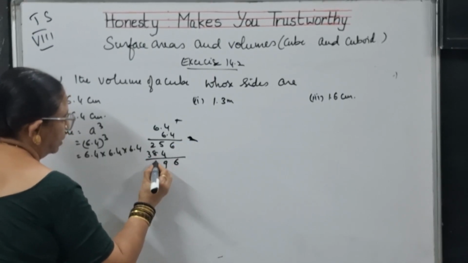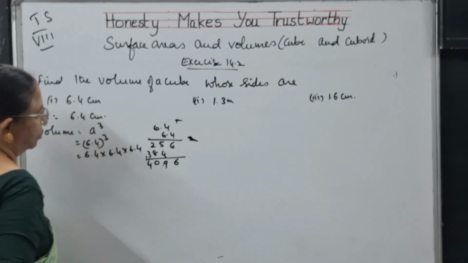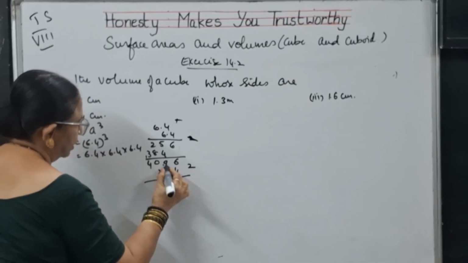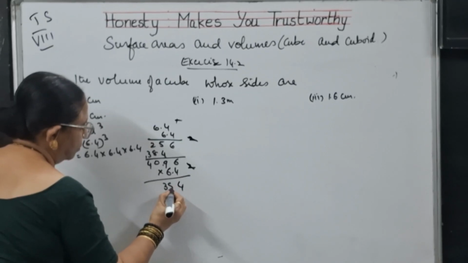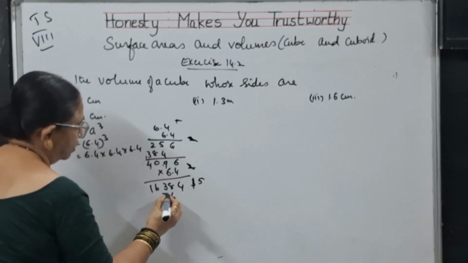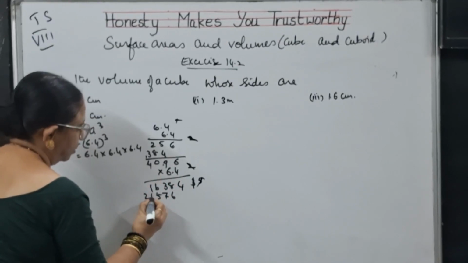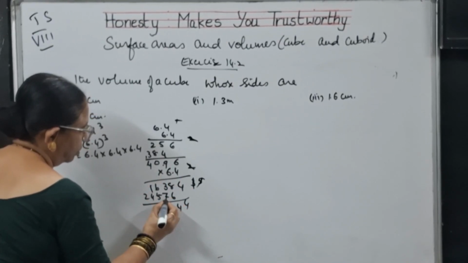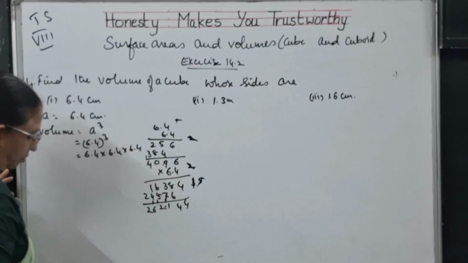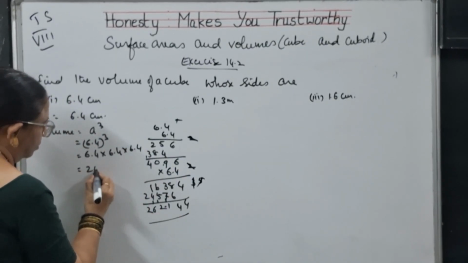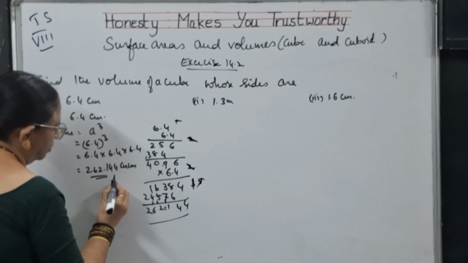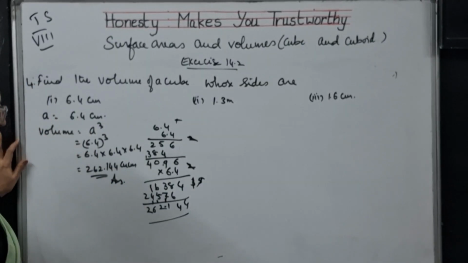So you are getting 4096. Two digits are there, so before two digits I should keep the decimal, giving 40.96. Multiply this by 6.4 again. 4 4s are 16, 6 6s are 36, and so on. You get 262.144 cubic centimeters as the answer, children. Only thing is, you need to do the multiplication carefully.